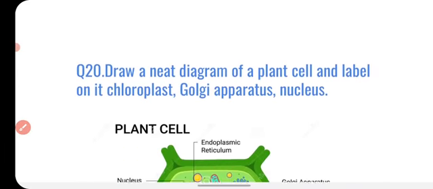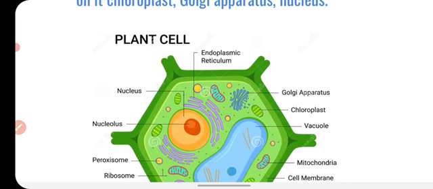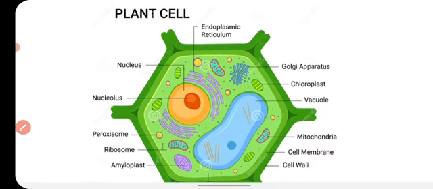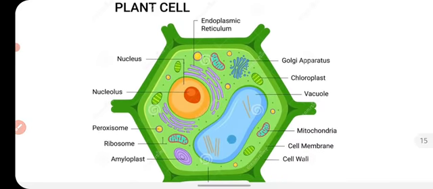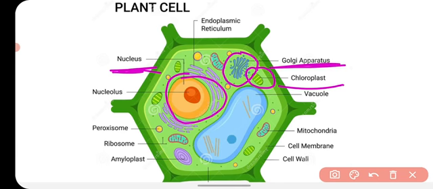Now the next question is, draw a neat diagram of a plant cell and label on it chloroplast, Golgi apparatus and nucleus. So this is the plant cell you have to draw, and you have to label the nucleus, chloroplast and Golgi apparatus. So you can see here, this is the chloroplast and this is the nucleus and this is the Golgi apparatus.